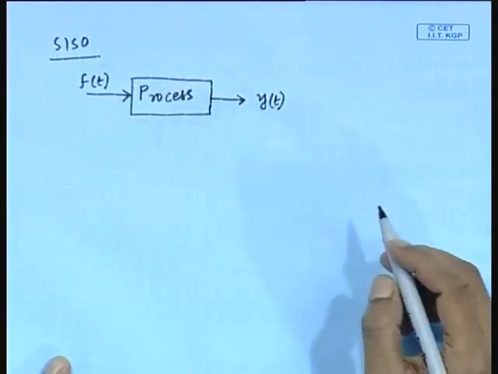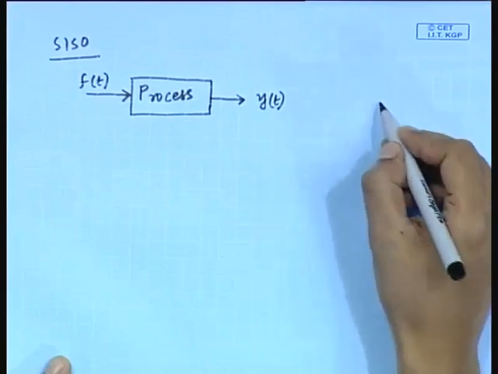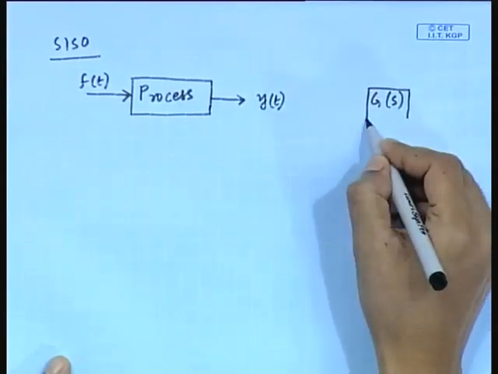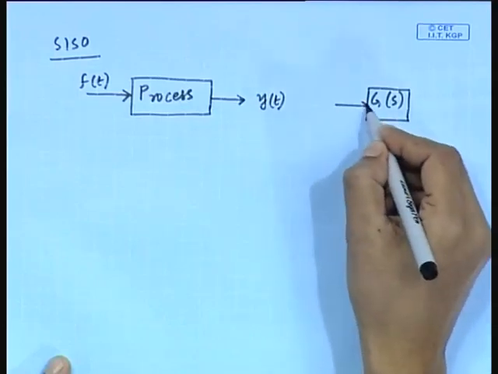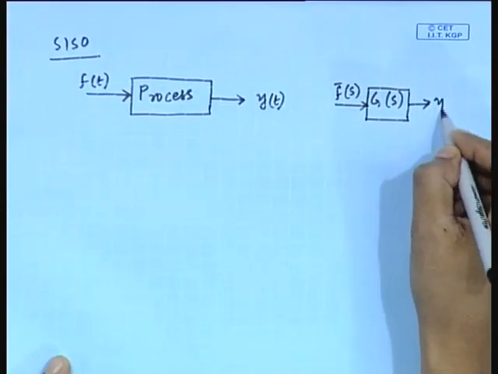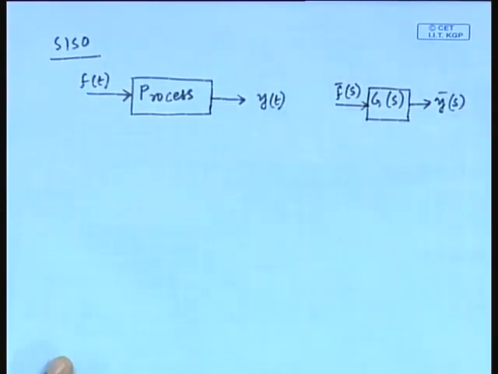For this SISO system, the block diagram is G(s), input is F bar(s), output is Y bar(s), fine.